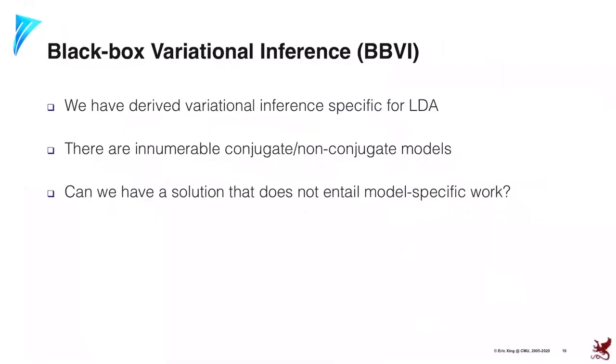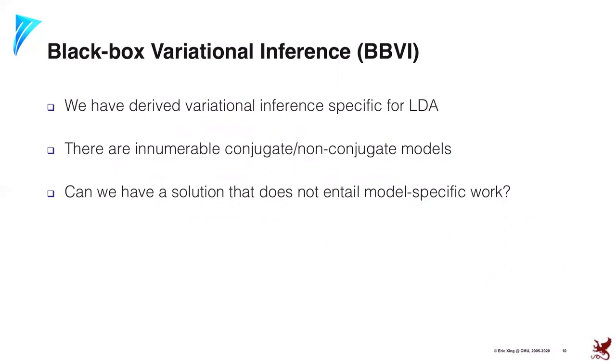Note that we have derived variational inference specific for the LDA problem, but now, instead of focusing on this one single example, we want a very general solution which does not entail model specific work.